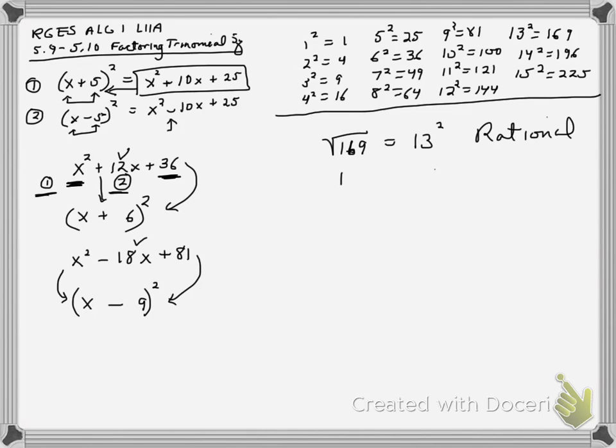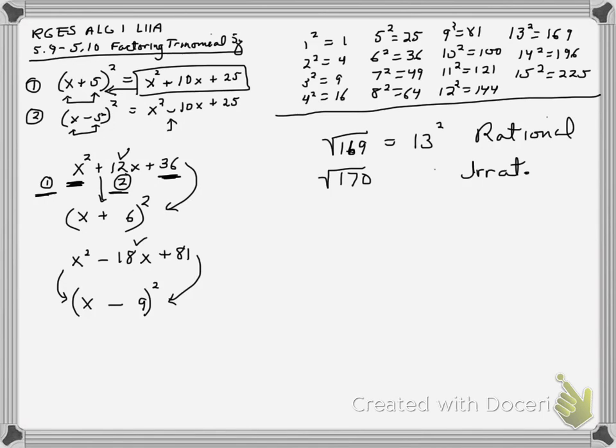But if I have, let's say, just 170, doesn't have to be off by a lot, but that does not equal an integer squared, then this is going to be called irrational. It's not a perfect square. I can talk about other things later, but for your purposes right now, think of it that way.